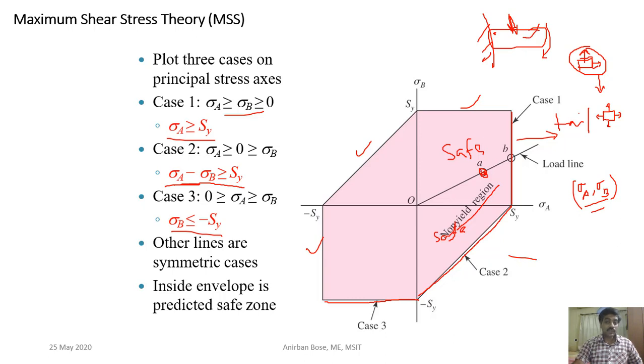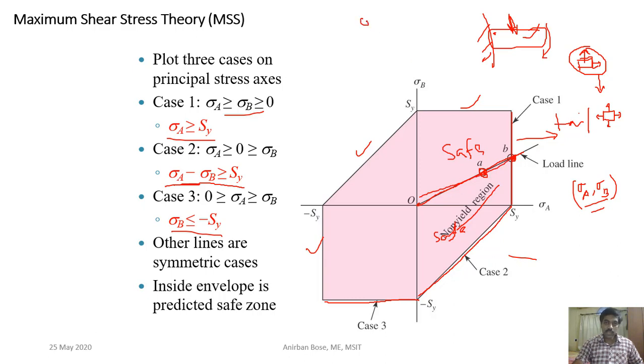And what is the factor of safety? To find it, you extend a line from the origin to where it cuts the boundary. Then this length divided by this length gives you the factor of safety.